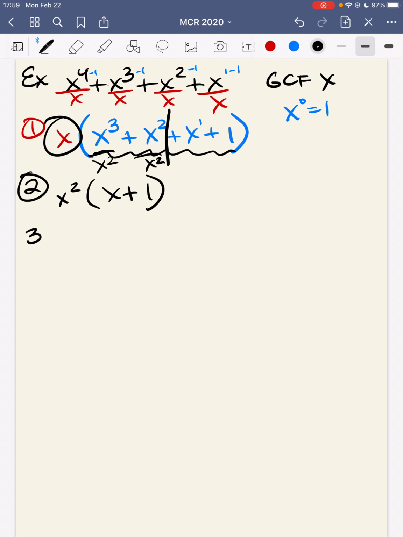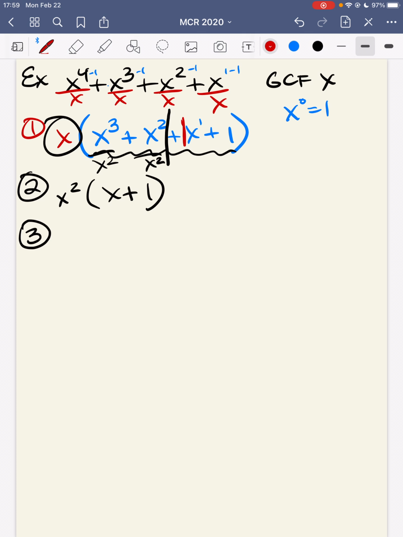Step 3 says I need to take a GCF from the last 2 terms, and if I look at these, I go, well, x and 1 don't have anything in common. They always have something in common. Remember that any x has a coefficient of 1.